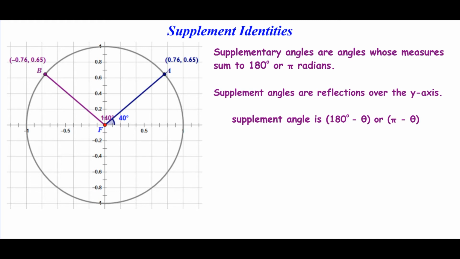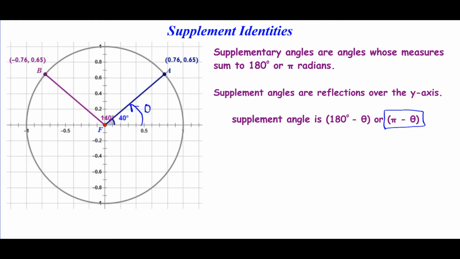Remember from geometry, supplementary angles are angles that add up to 180 degrees or pi radians. Supplementary angles are reflections over the y-axis, and when we talk about a supplement angle, we're going to refer to it as 180 minus theta, or more often, since you're going to be working in radians, pi minus theta. Again, we have a specific example here.